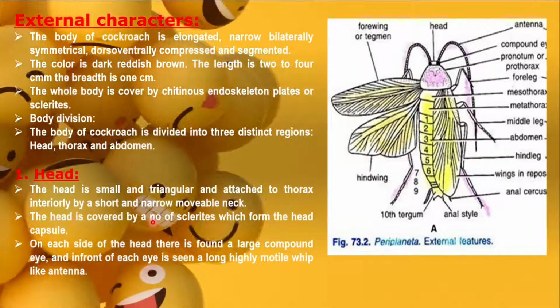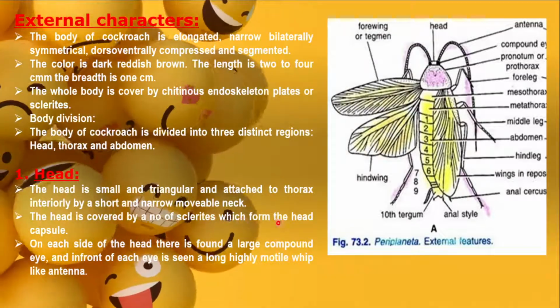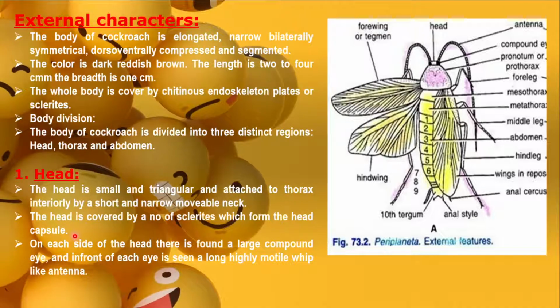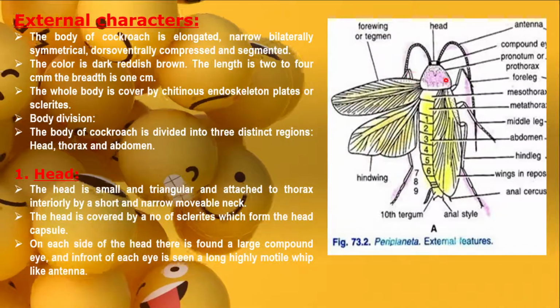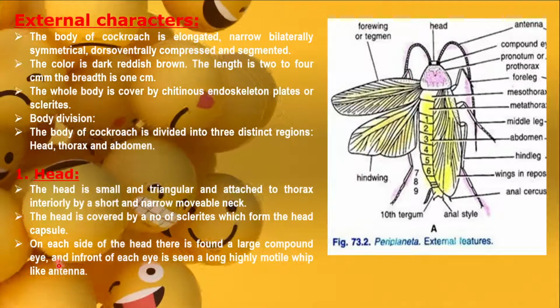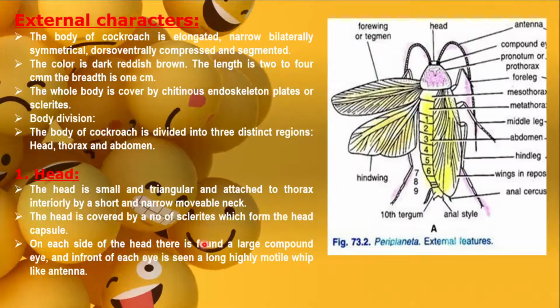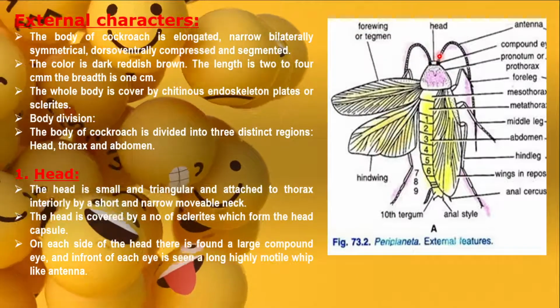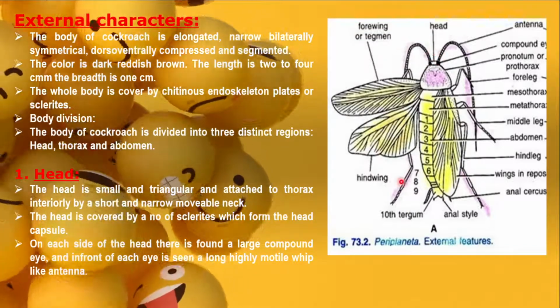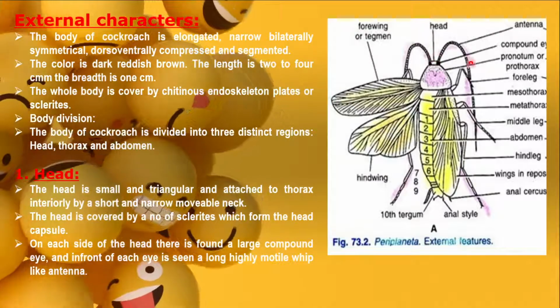The head is covered by a number of sclerites which form the head capsule. See the triangular portion, which is the head capsule. On each side of the head there is a large compound eye. The two bulgy compound eyes are present on the head region. Two long antennae which run in the posterior direction are present.